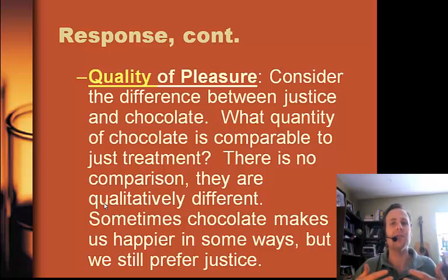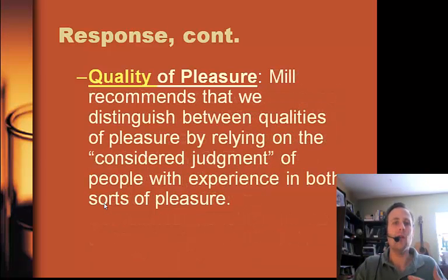They're qualitatively different things. And it looks like one of them is qualitatively better. So, how do we know what's qualitatively better? Well, Mill recommends that we distinguish qualities of pleasure based on what he calls the considered judgment of people who have experienced both sorts of pleasure.